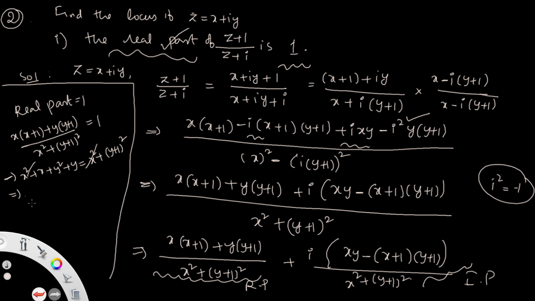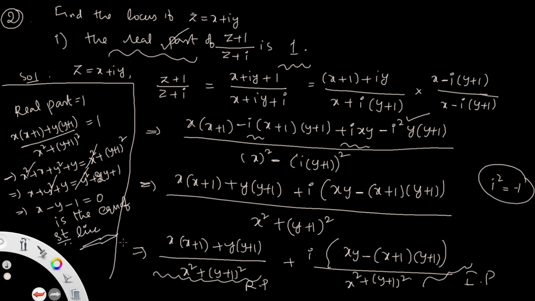Then on simplification, y square cancels, 2y plus 1 remains. Then lastly you get x minus y minus 1 equal to 0, which is the equation of a straight line, that is the locus.